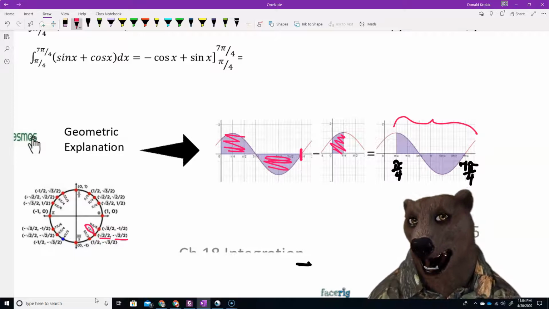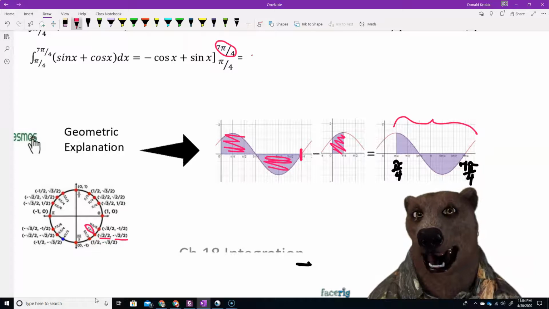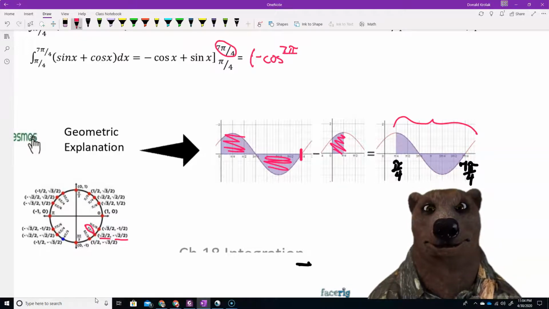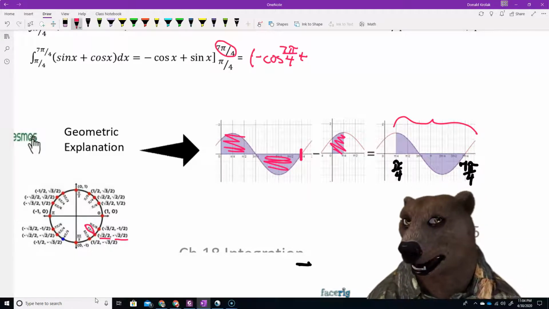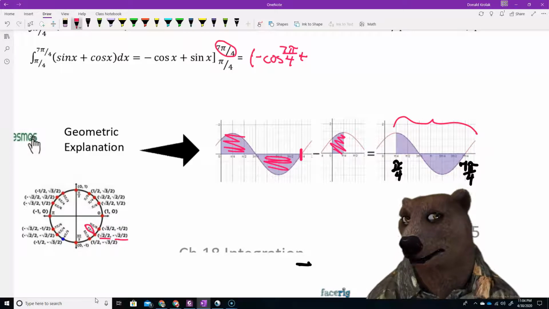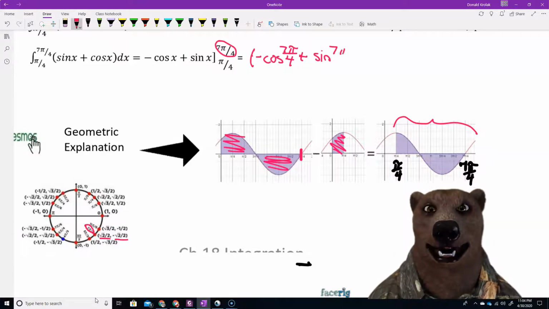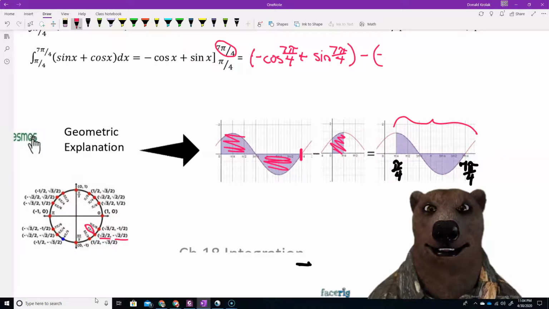So when we evaluate this, this gets put in first. So I would have negative cosine 7 pi over 4 plus sine 7 pi over 4, minus, and now I put in my lower bound.